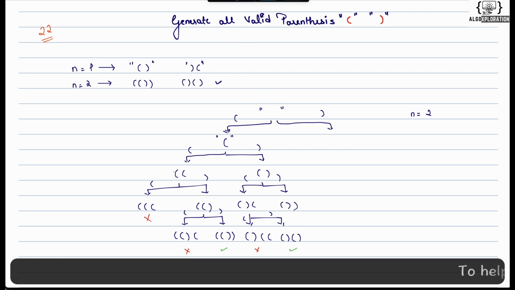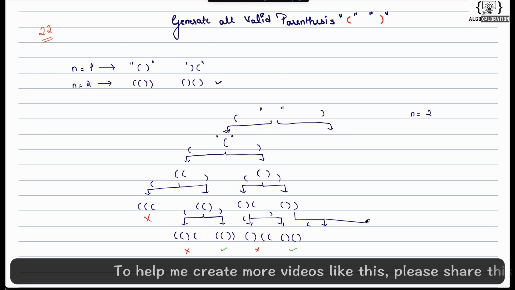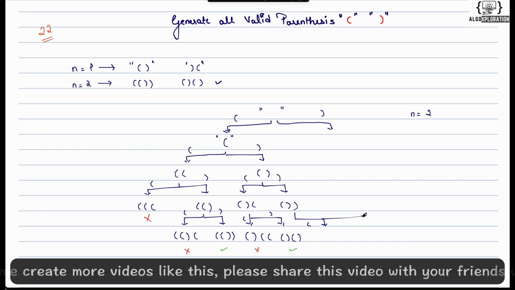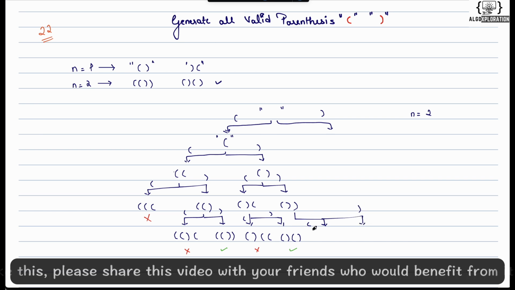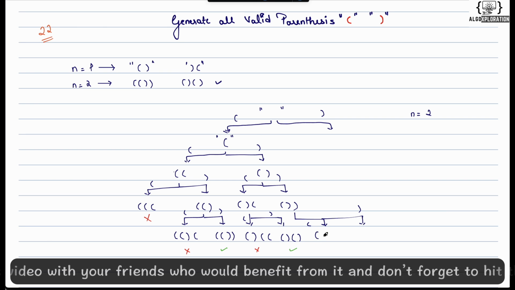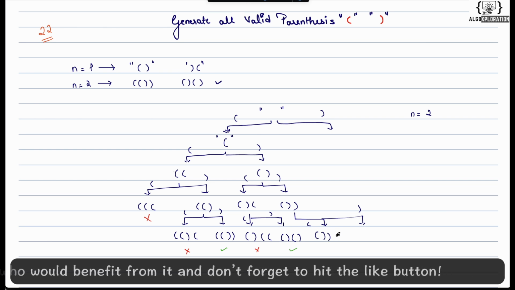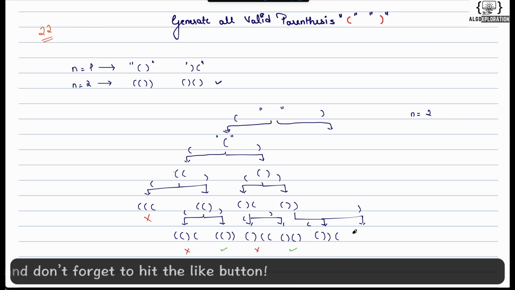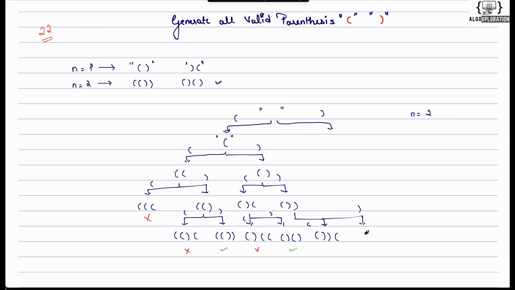Now let's explore the next one. This will be for opening, and this will be for closing. So here opening, closing, closing, and opening. And this will be opening, closing, closing, and then closing.